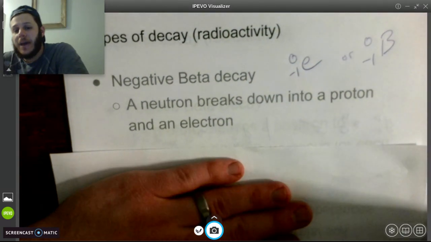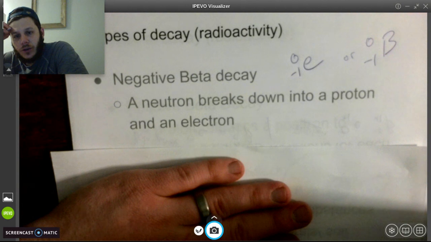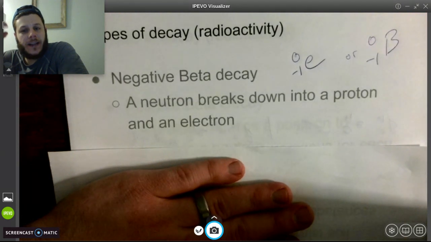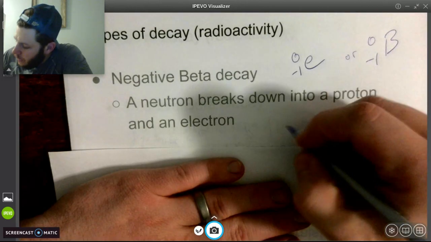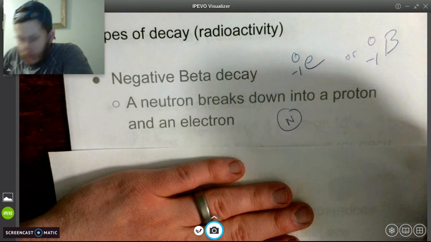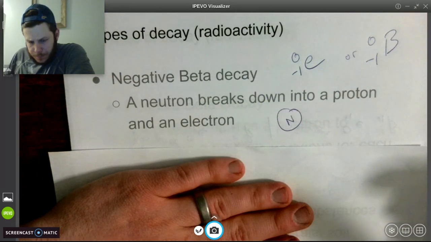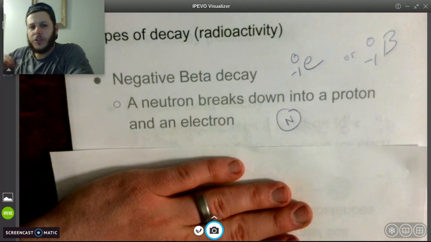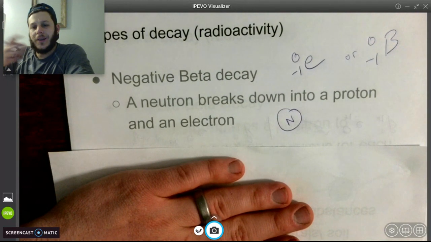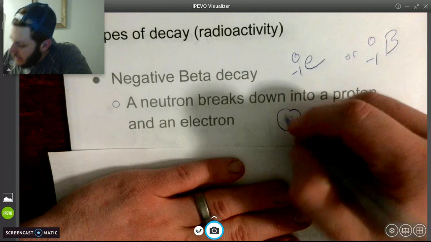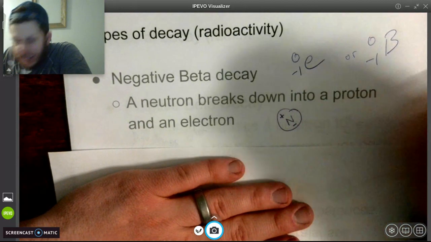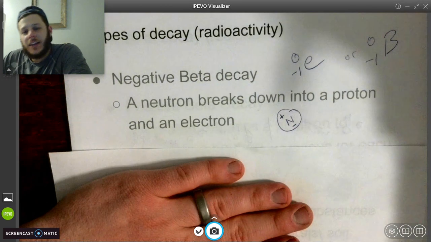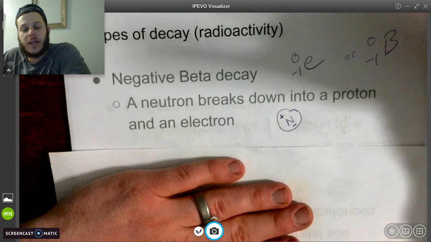And basically what happens is a neutron breaks down into a proton and an electron. If you think about it, we have a neutron. Normally we say that a neutron is neutral. It has no charge.